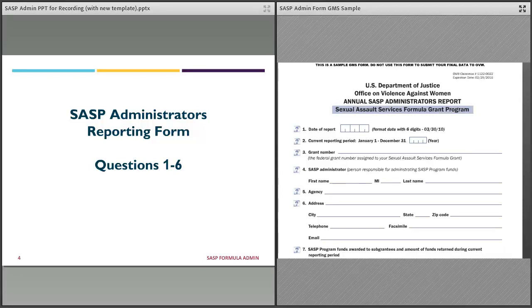In question 5, you will put the name of the agency the SASP administrator is at. In question 6, you'll put the address for the agency at which the SASP administrator is located, along with the contact information for the SASP administrator.